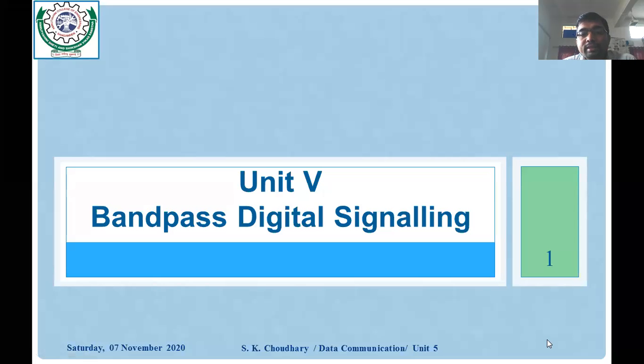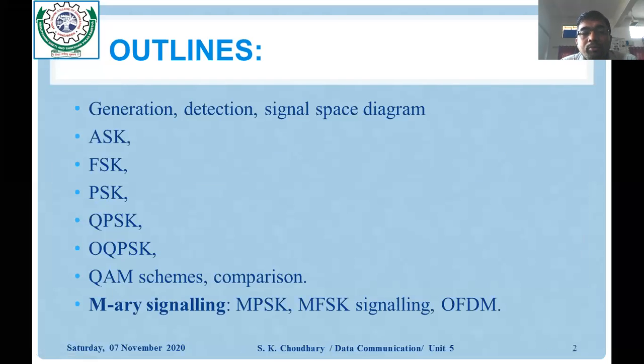We will go through certain topics: generation, detection, and signal space diagram of amplitude shift keying, frequency shift keying, phase shift keying, quadrature phase shift keying, offset quadrature phase shift keying, and QAM schemes, that is the quadrature amplitude modulation schemes. These are the binary schemes.